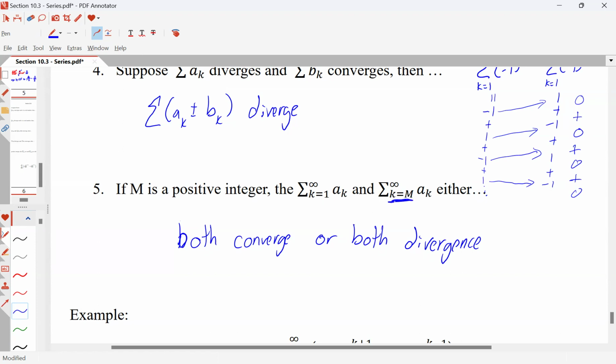Because if once it is positive onward it converges, then I can add on these little terms back here from k to m and still get something converging. Or if something's ultimately diverging at the end, adding on extra terms is not going to make it suddenly converge. So either both of these will converge or both of them will diverge.